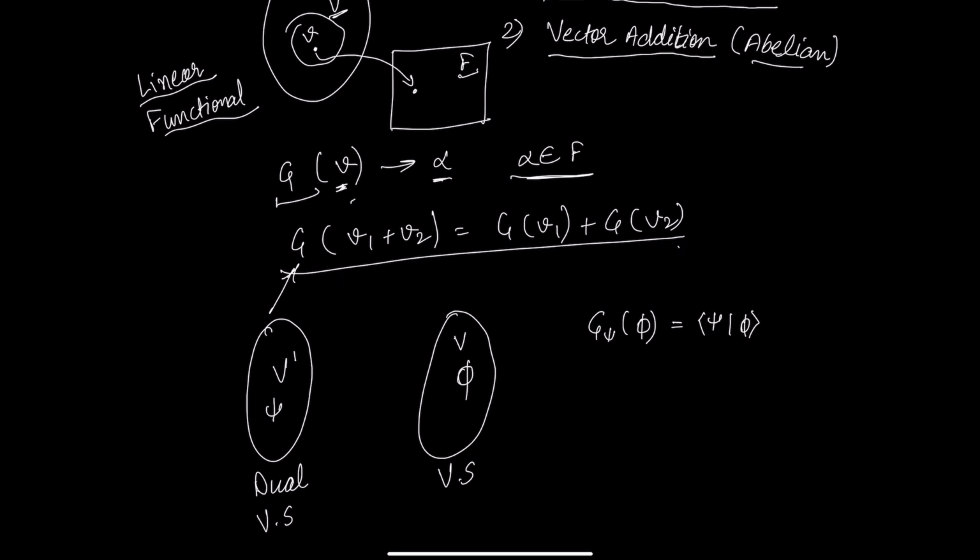So this is the linearity property of a linear functional. Now these linear functionals also form a vector space which we will call the dual vector space.